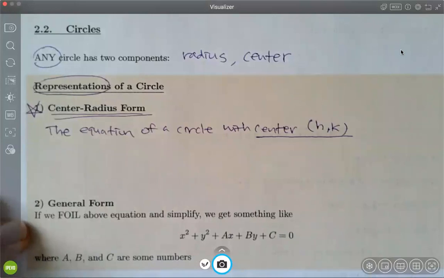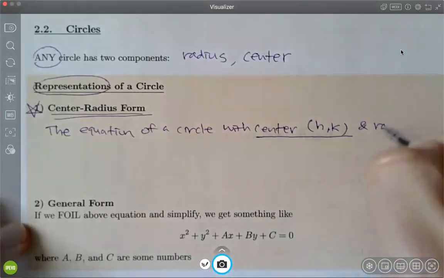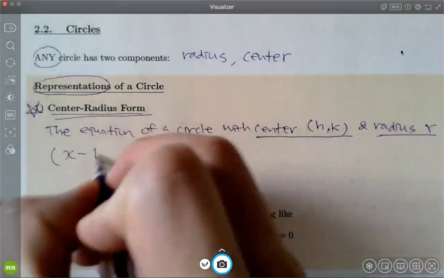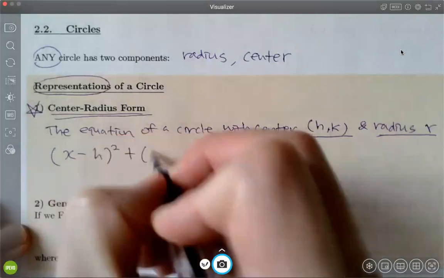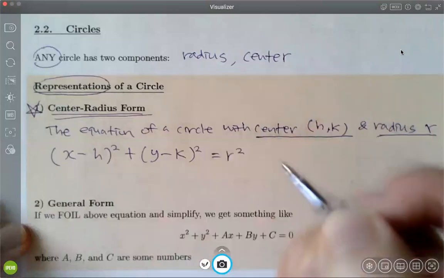Okay, and the radius, and now radius is a number, right? It's a value. Okay, so let me use the lowercase r, okay, for the radius. Is given by (x minus h) squared plus (y minus k) squared is equal to r squared.